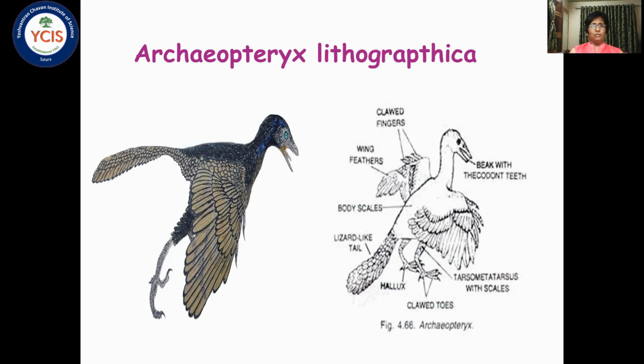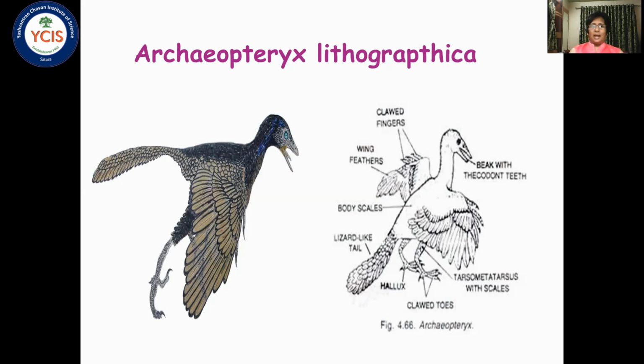Archaeopteryx exhibits both reptilian as well as bird-like characteristics. The avian characteristics are that it possesses feathers, an exclusively avian character, a rounded cranium with fused bones, jaws modified into beaks, and forelimbs modified into wings.